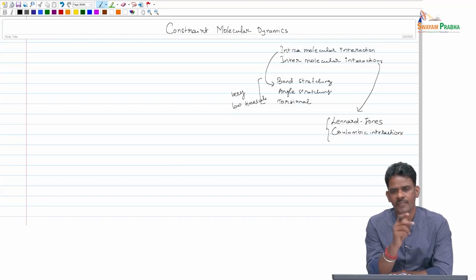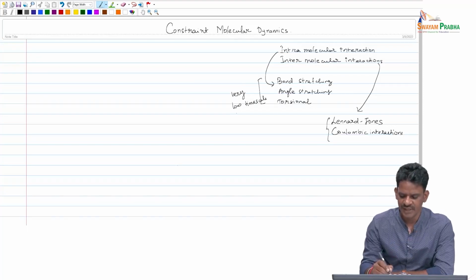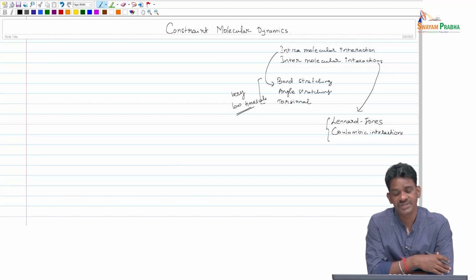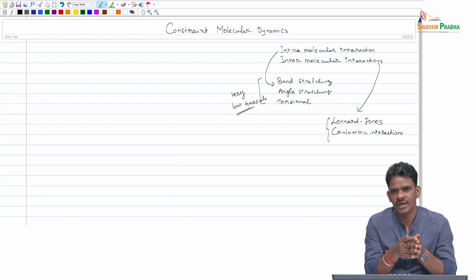So your step size for the integration of the equation of motion is limited by the fast movement of bond stretching and angle stretching. That basically limits achieving long time simulations in the system.